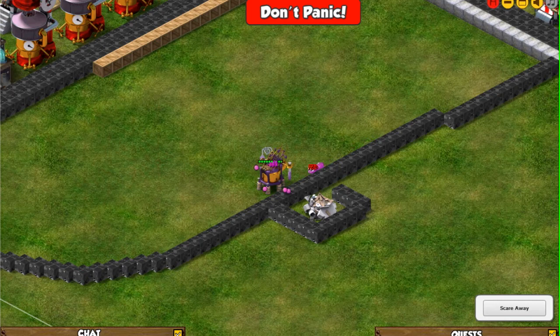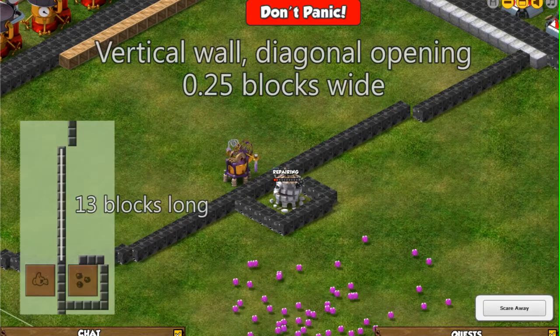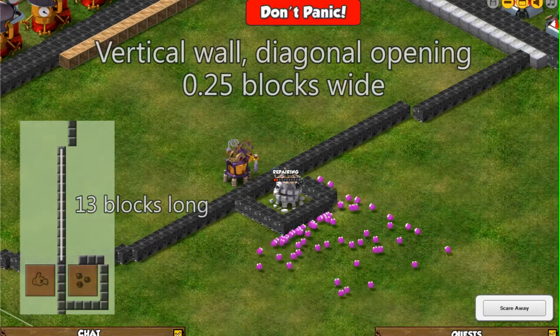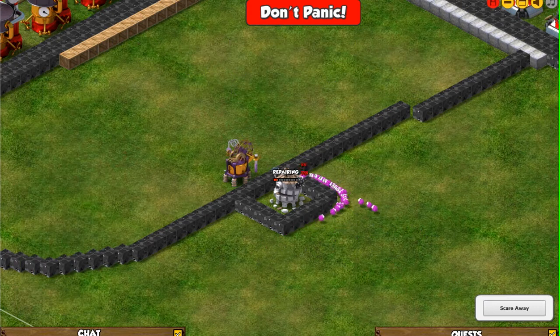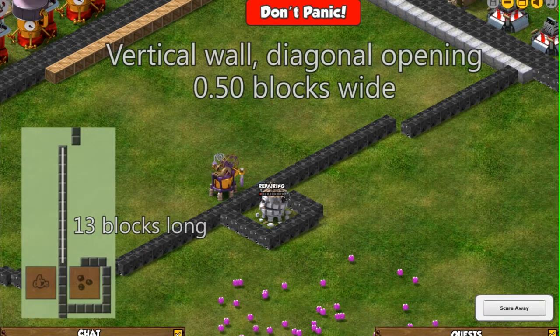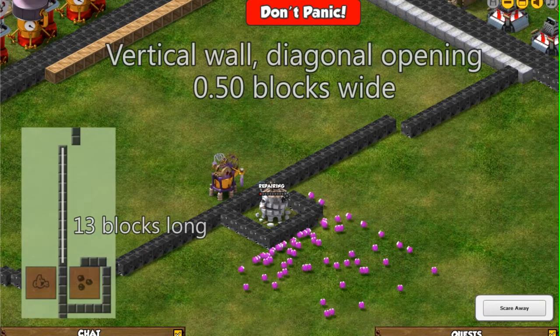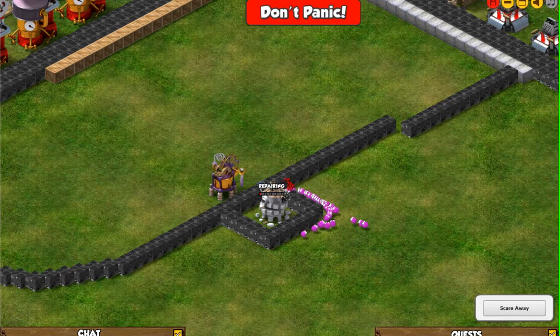Here we got a vertical wall with a 0.25 wide opening. And now a vertical wall with a 0.5 block wide opening. Not really that interesting, but I think it's good to have these tests out there. Though they aren't conclusive.